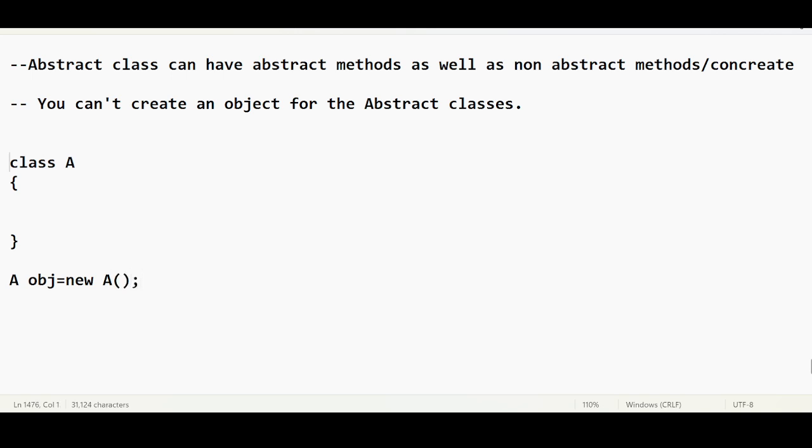The moment you declare it abstract, the new keyword is not possible for the abstract class. Then how do we proceed further? What is the advantage that we have with the abstract class? We're not able to create an object. What is the use of this class actually? That part we will discuss tomorrow.